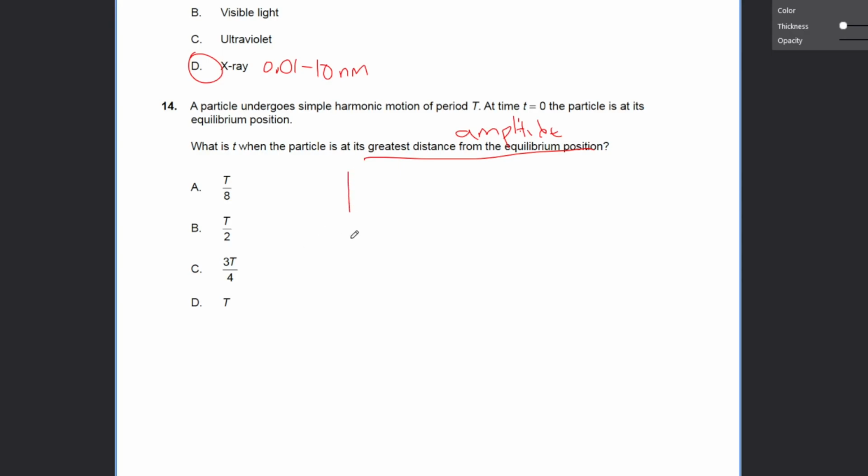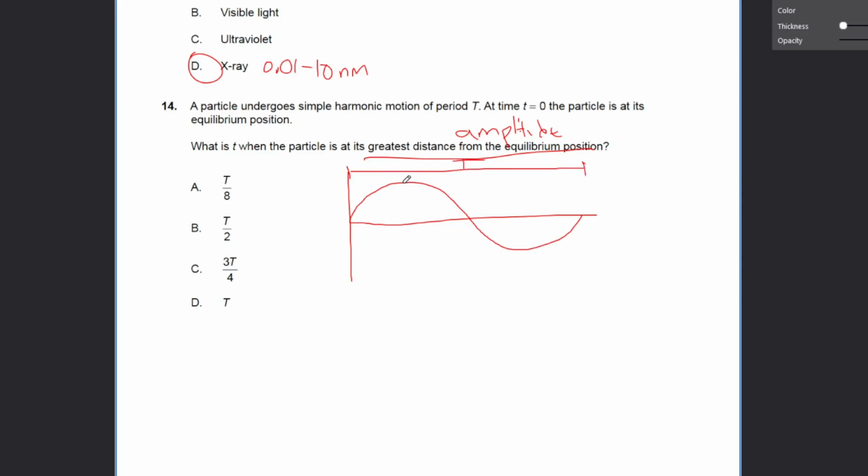And let me draw a graph here. Here we're considering simple harmonic motion, so we'll be thinking of a sine wave. This is one period of the sine, and this is one period, which is t.